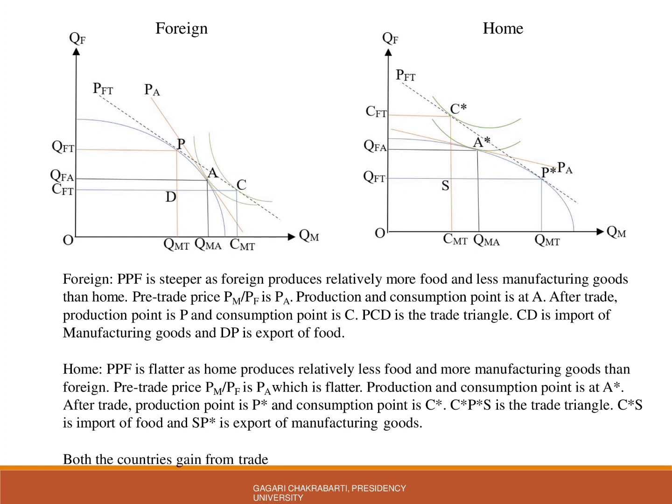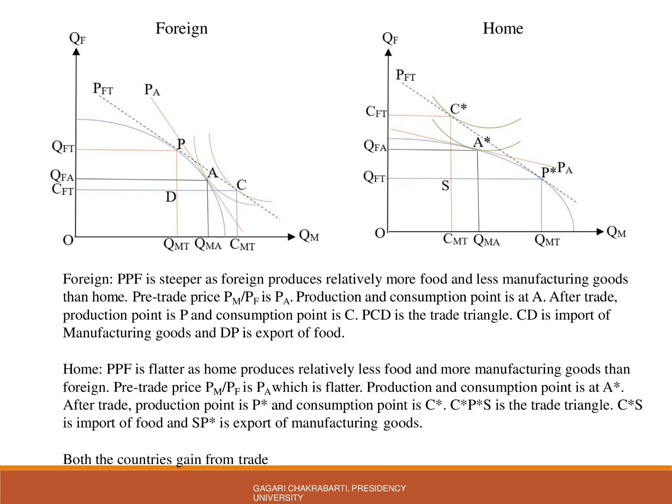The foreign country after trade consumes at a point which is lying on a higher indifference curve. So this implies that trade is beneficial for the foreign country. So trade separates the production and the consumption point, and consumption is now on a higher indifference curve.